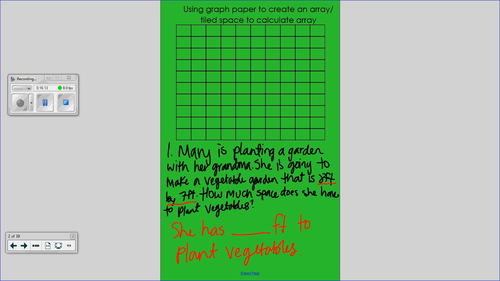We know area is just like an array. Do I know how to make an 8 by 7 array? Yes. So let's go ahead and make an 8 by 7 array. 1, 2, 3, 4, 5, 6, 7. 1, 2, 3, 4, 5, 6, 7.